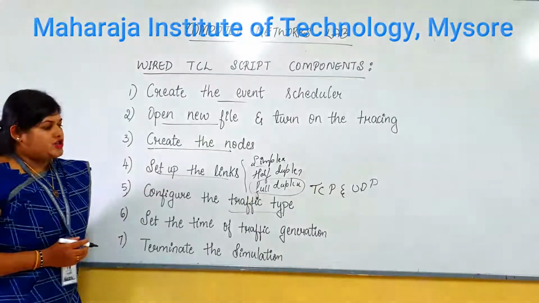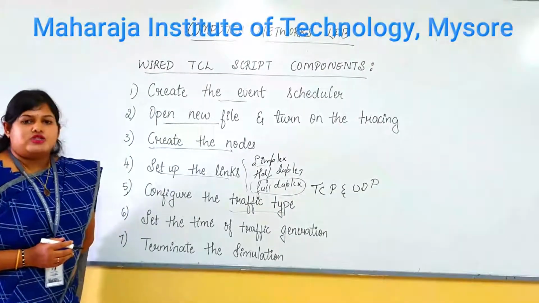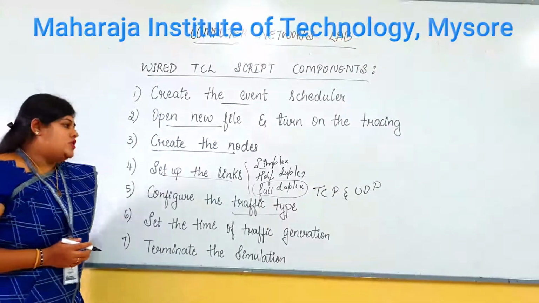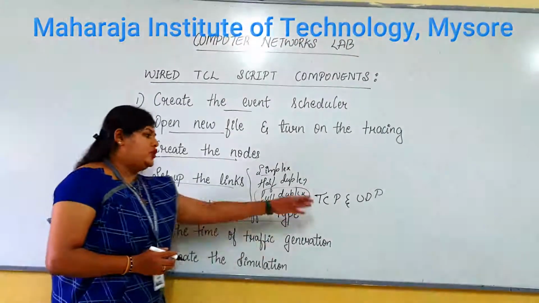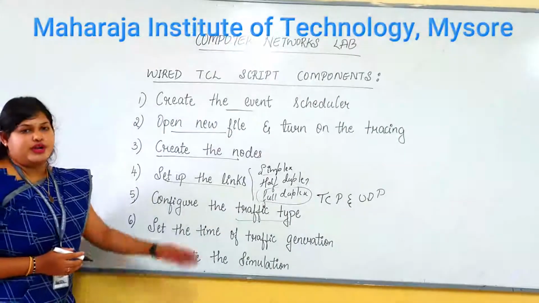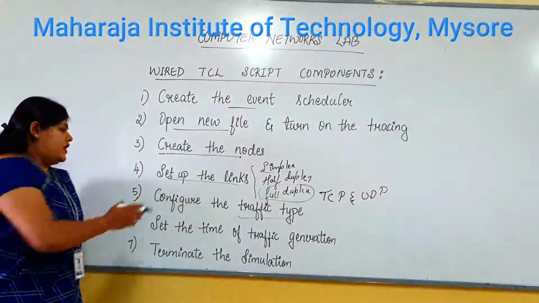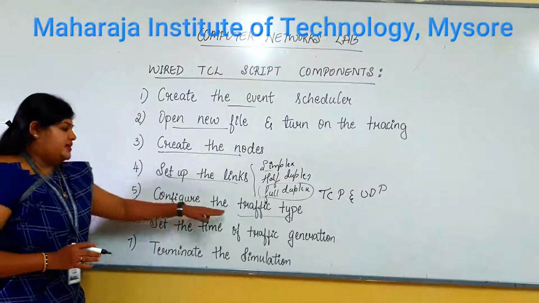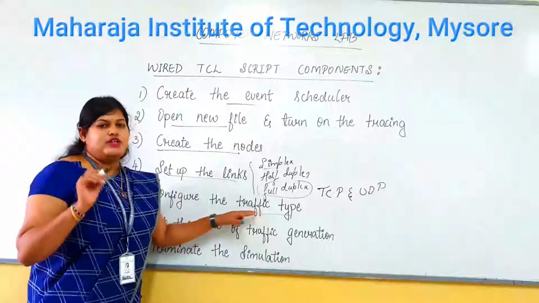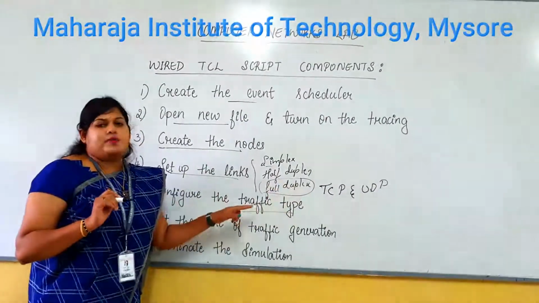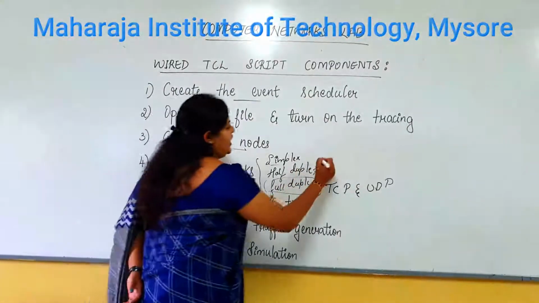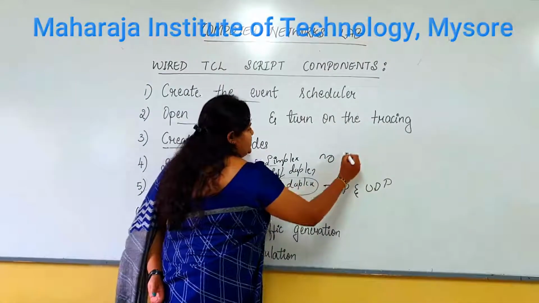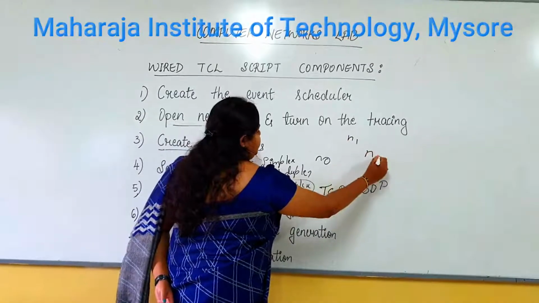That is the connection oriented as well as the connectionless protocol. So TCP is the connection oriented protocol and UDP is the connectionless protocol. Once the link is connected, next we are going to attach the required UDP or TCP agent to the required nodes. For example, we are considering the three nodes, N0, N1 and N2.